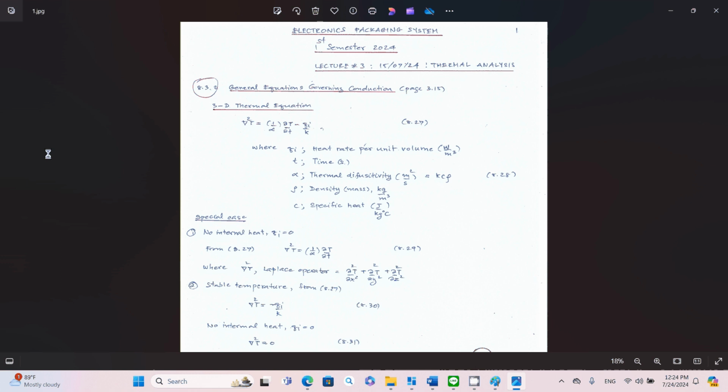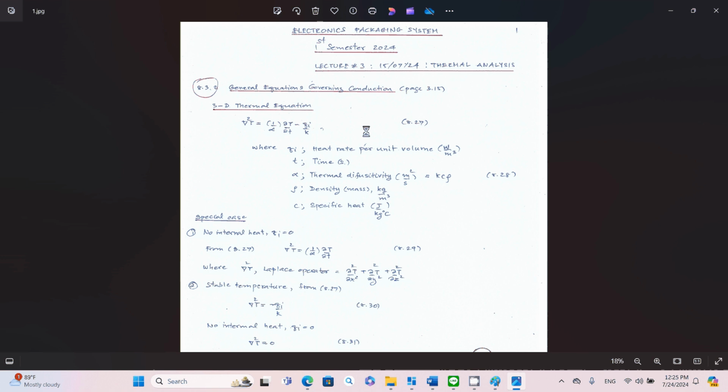Let's take a look at the three-dimensional thermal equation, equation 8.27. That's del squared T equal to 1 over alpha times the partial derivative of the temperature with respect to time, minus Qi over K. Qi is the heat rate per unit volume, in watts per cubic meter.